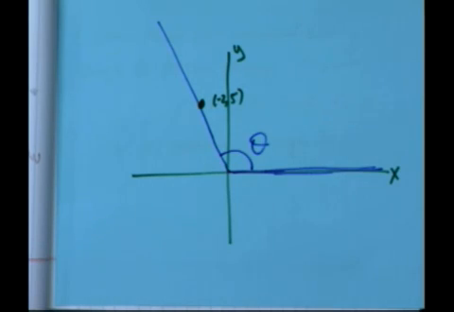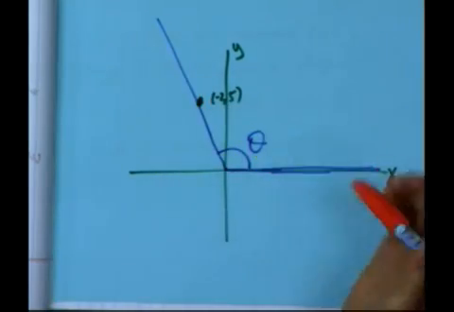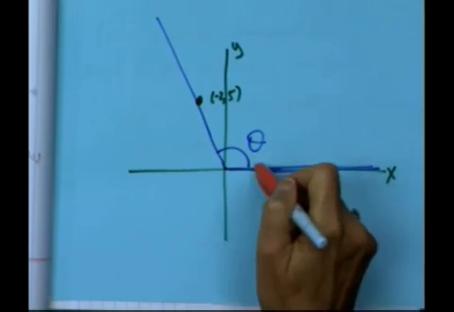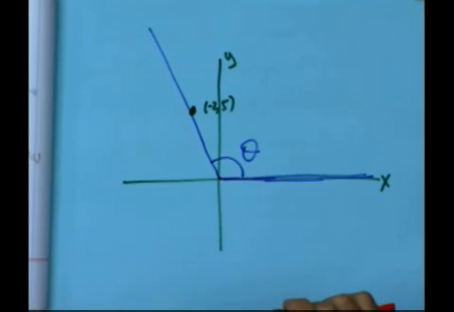Okay? All right. So if it's passing through this point -2, 5, how am I going to come up with what the value of the sine and the cosine, etc. are? What do you think? Exactly.